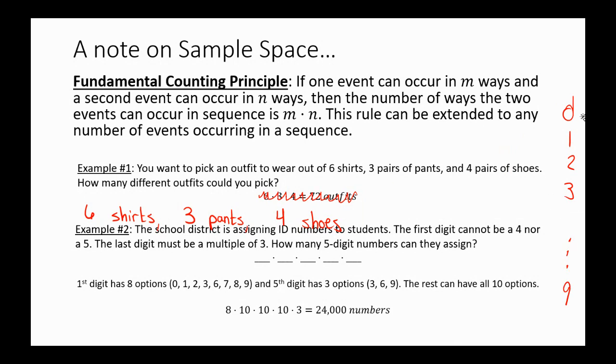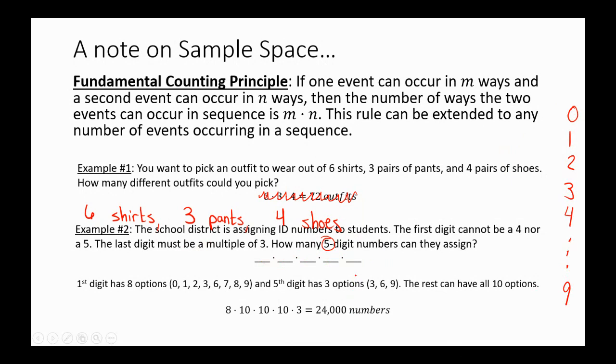So these are all the options we can pick from for each digit. Do y'all agree? If I'm giving someone an ID number? So what I recommend on these, if you're making numbers, figure out how many digits you can have. In our case, how many digits? 5. So make 5 blanks. 1, 2, 3, 4, 5.